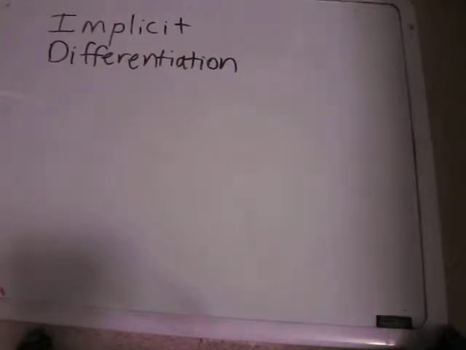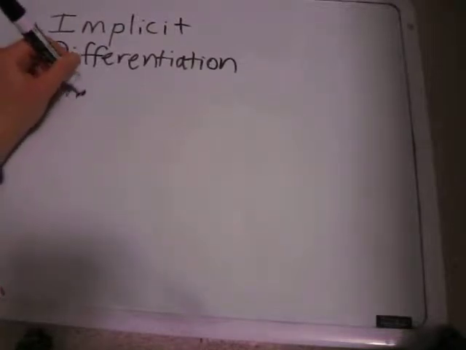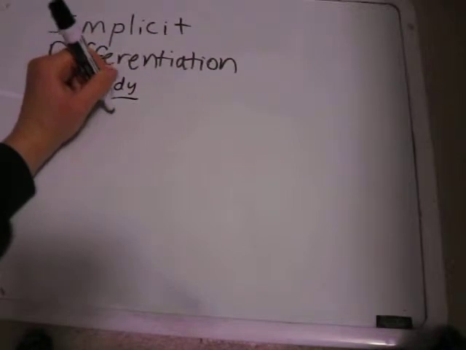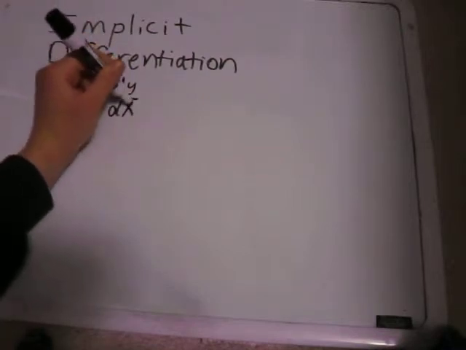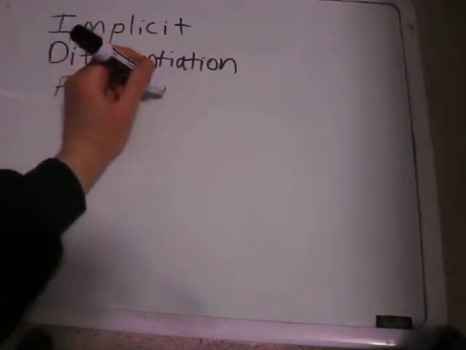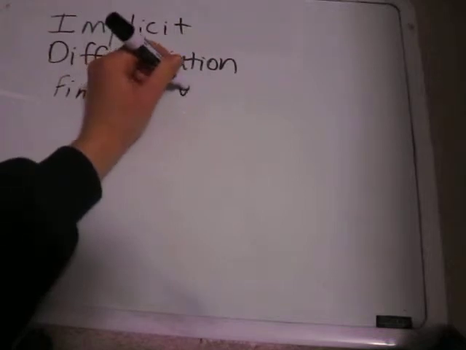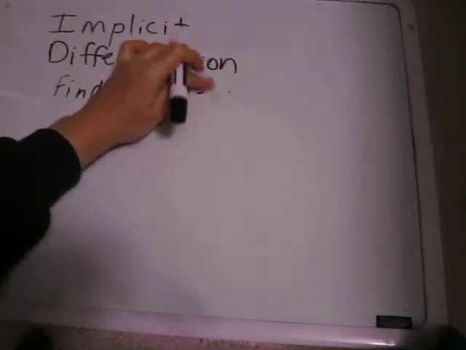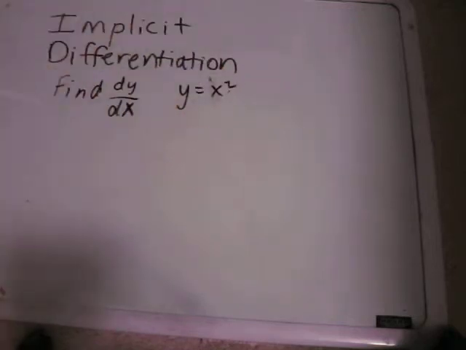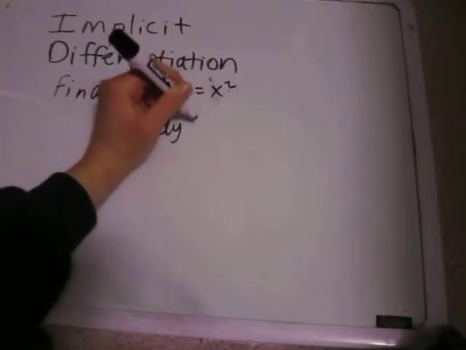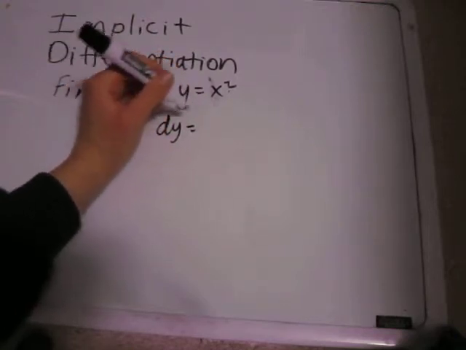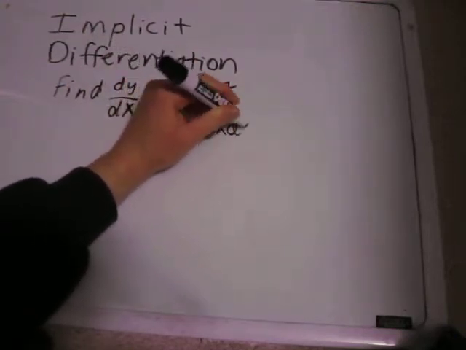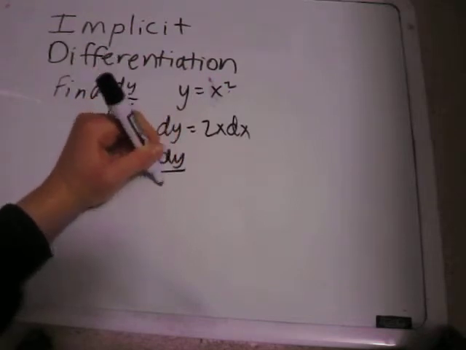So you should know that if you're asked to find dy/dx of a function, let's do an easy one, y equals x squared, then you should know to take the derivative of both sides and divide.